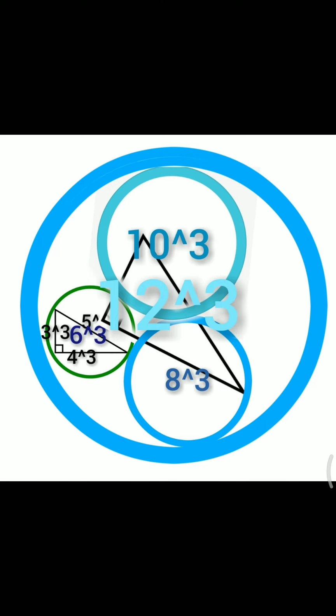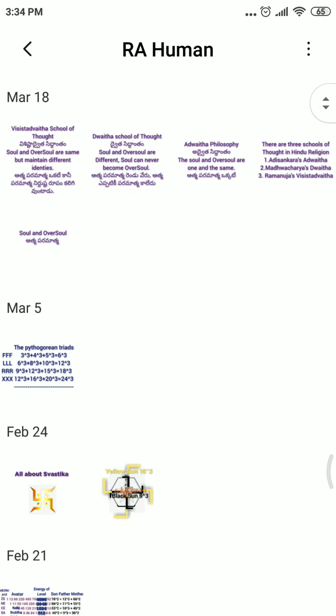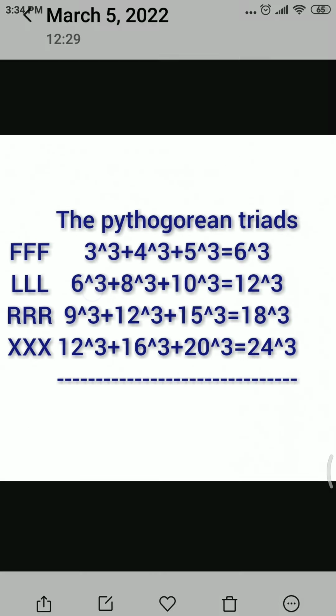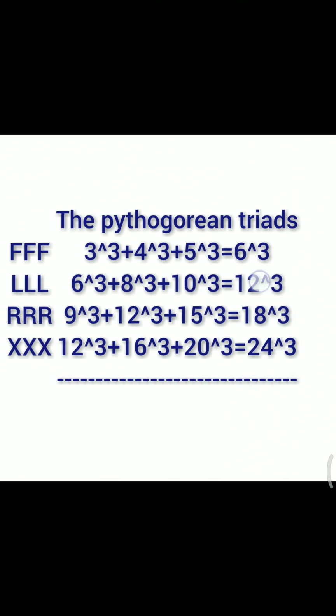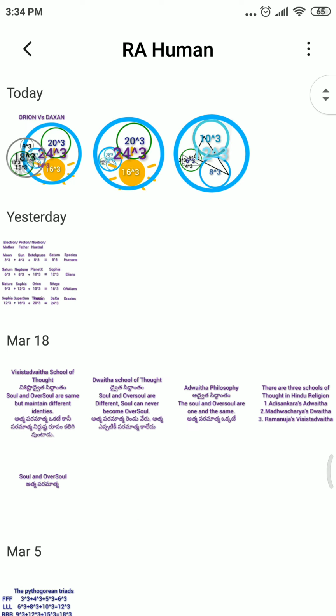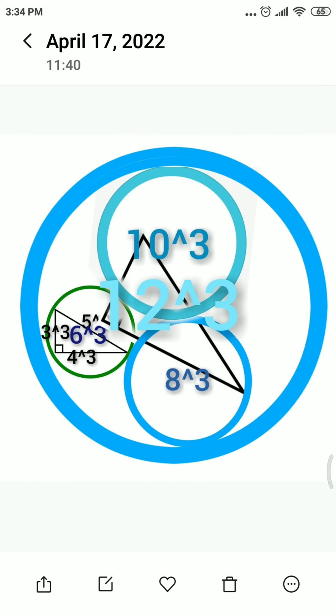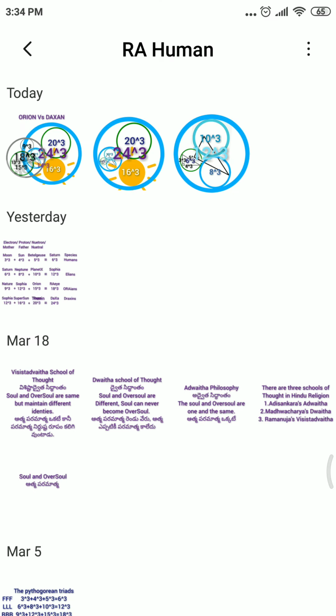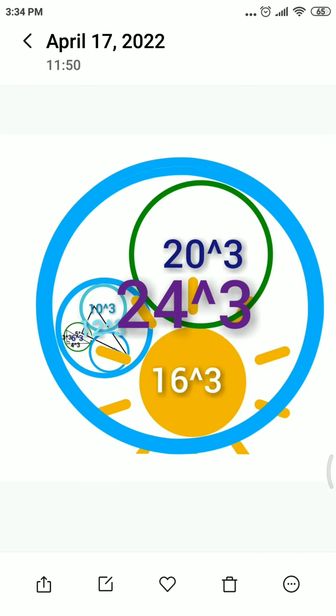Then, if you look at the second one, 6 cube plus 8 cube plus 10 cube give rise to 12 cube. This is the second triad. First triad, second triad, and now we are going to the interesting part of it.